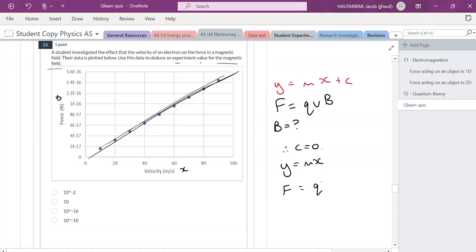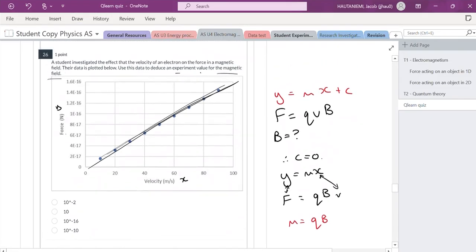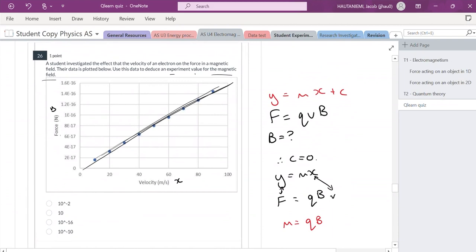So I'm going to go qBx, okay, because now it's looking a little bit more similar. But I'll write that as v, sorry. That was there, which means that m, the gradient, is equal to qB. Now we aren't told the charge of this particle. However, we are told that it's an electron.